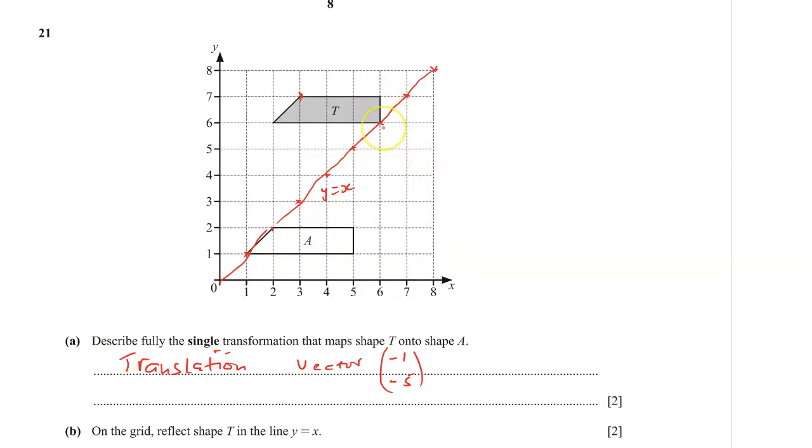So the reflection will be here: 1, 2, 3, 4. 1, 2, 3, 4. 1, 2, 3, 4. And this one is 1, 2, 3. 1, 2, 3. And that will be T reflected on the line y equals x.